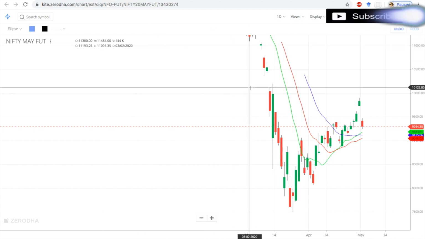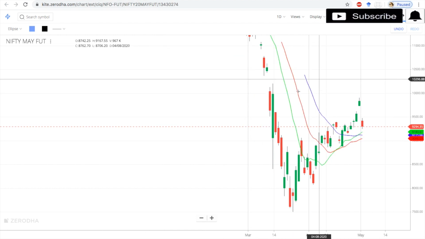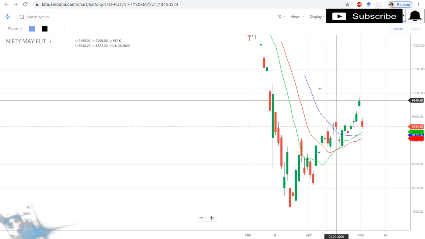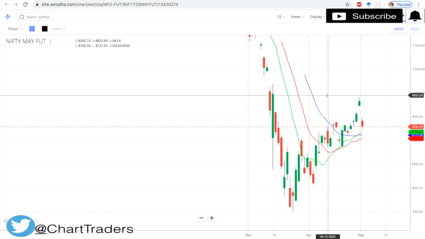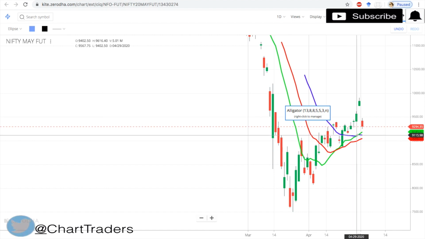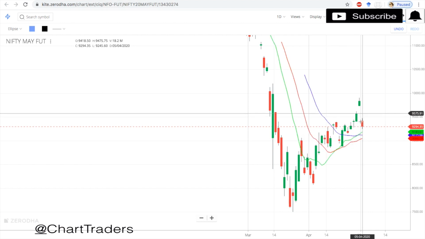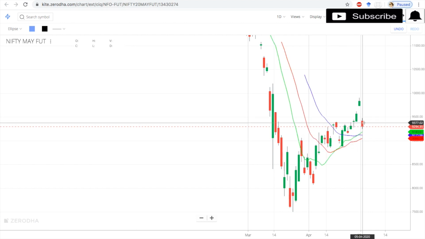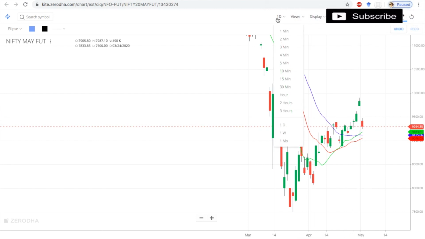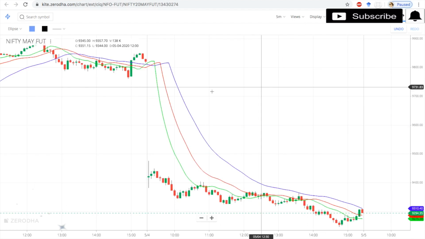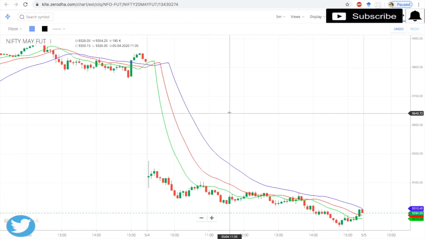So with the help of multi-time frame analysis you can identify proper entries in terms of buy and sell. For example, from this day, that is the 29th of April, your alligator crossed above all the lines, so from now onwards you have to take only buy entries, not sell entries. So with the help of multi-time frame analysis you can avoid fake signals also.